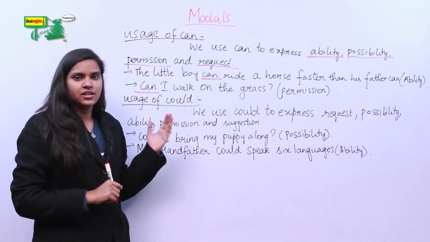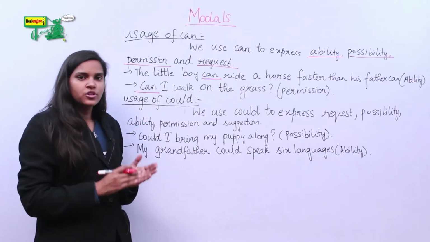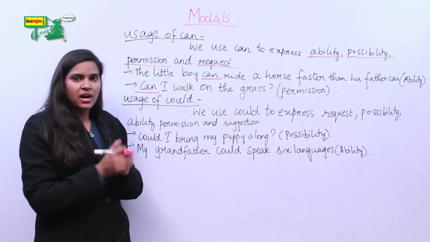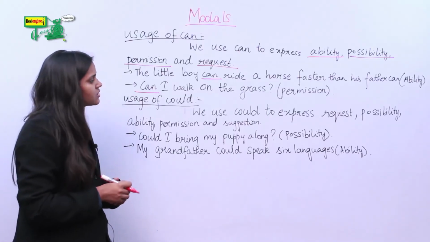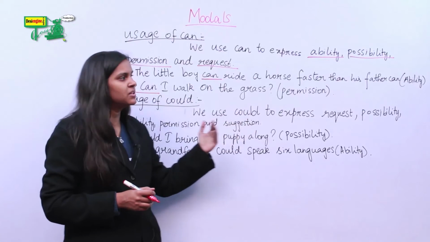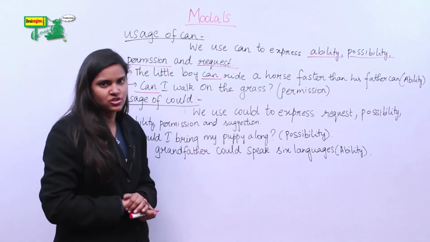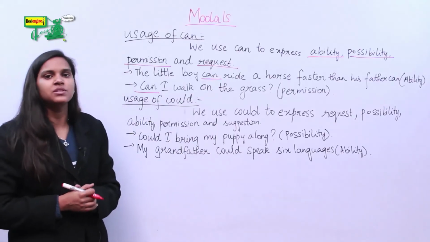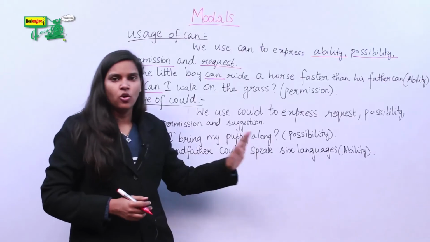Next, let's come to the usage of could. Could is basically the past tense of can and this is used to express request, possibility, ability, permission and suggestion. Let's take a few examples to understand this. Could I bring my puppy along?